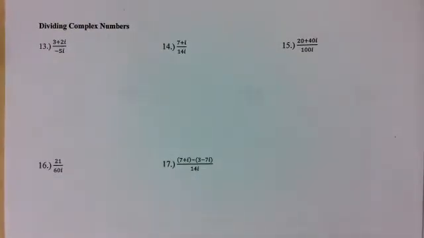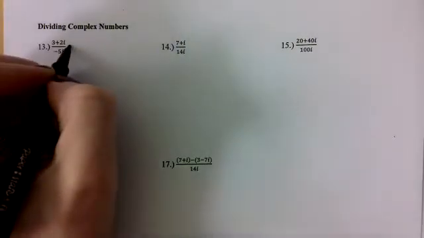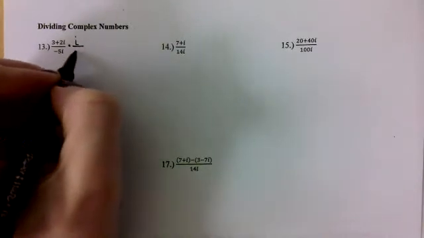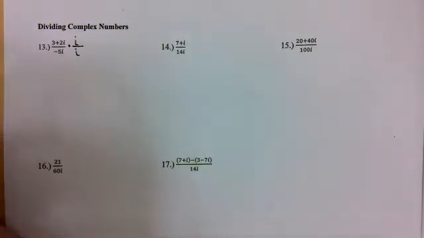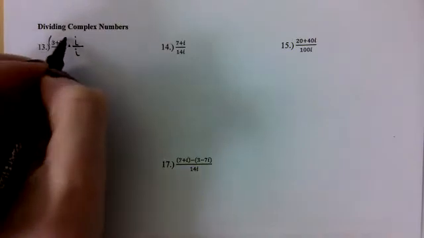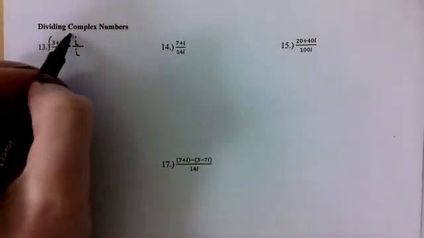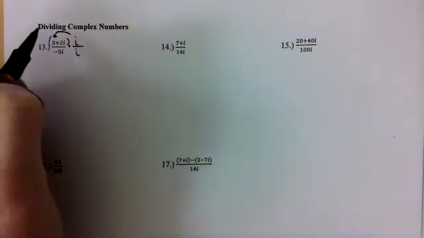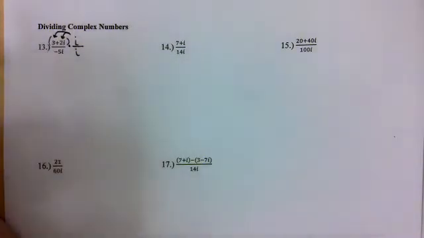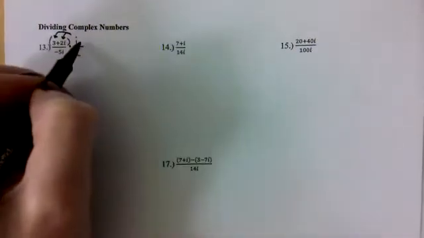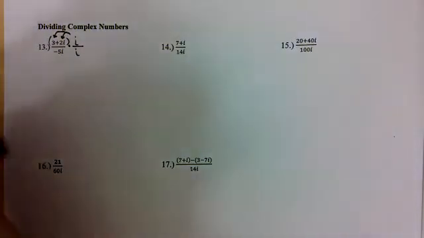So I have 3 plus 2i over -5i. I need to simplify this. So I'm going to get rid of the i in the denominator. So I'm going to multiply the bottom and the top by i over i. When I multiply straight across, this i is going to be multiplied to the 3 and to the 2i. I need to distribute this i to what's inside the parentheses.